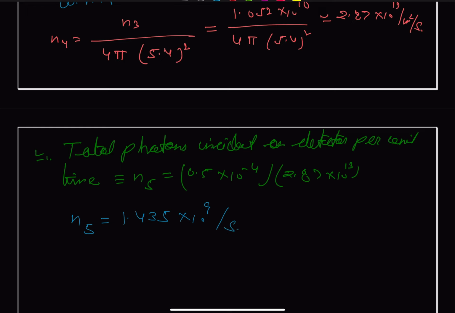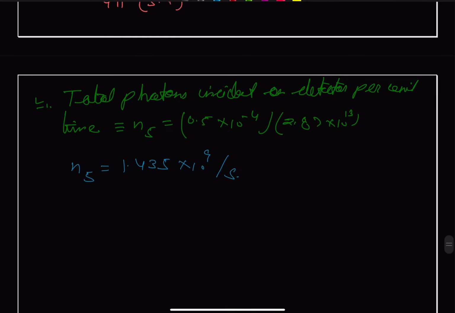Now the efficiency is given to us as 0.9. Therefore, based on the efficiency, we are going to find out the number of photoelectrons generated. So we are given efficiency is 0.9.